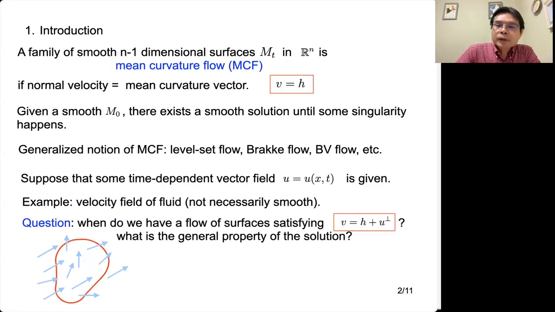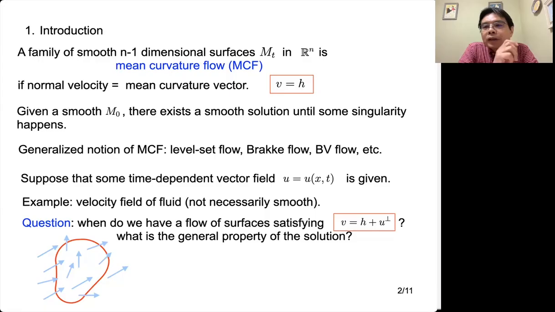Now, the question I'd like to pose is the following: when do we have a flow of surfaces satisfying V equals mean curvature H plus a given vector field?